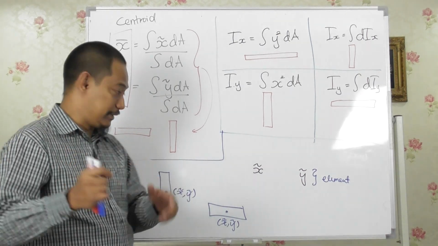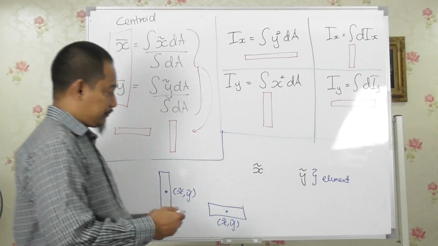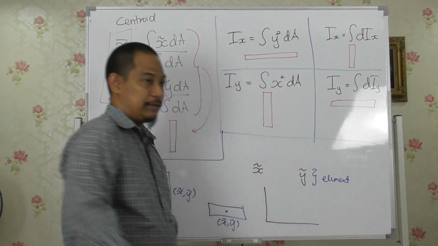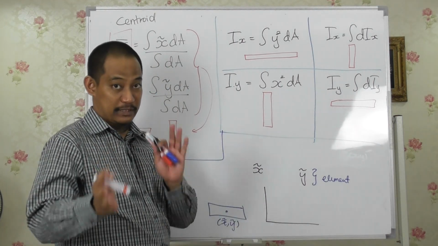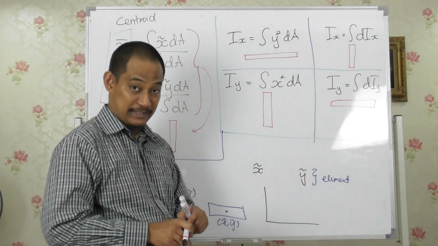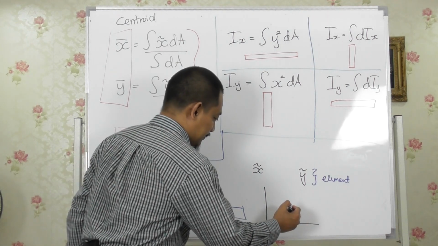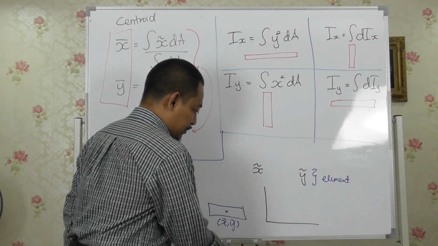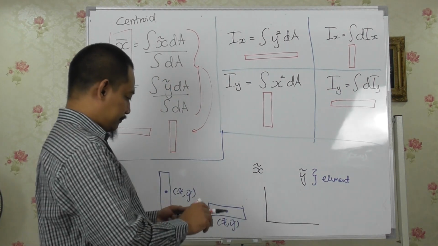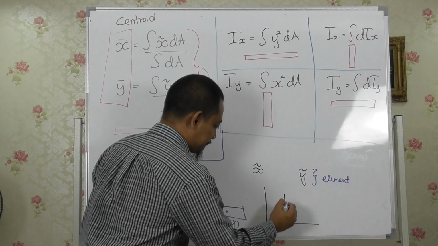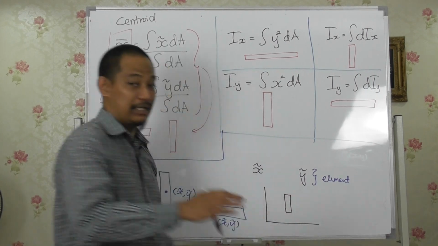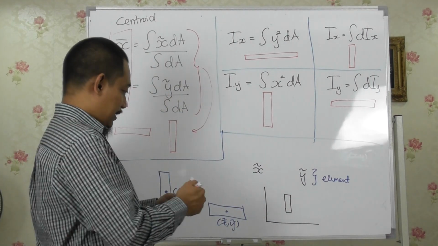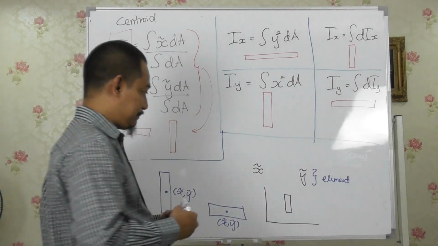coordinate, right? So the coordinate is always with respect to the origin and xy axis, right? So if this is coordinate, so x, y, right? So if we have a certain element here, let's say we have a certain element there, and that is the element, for example.